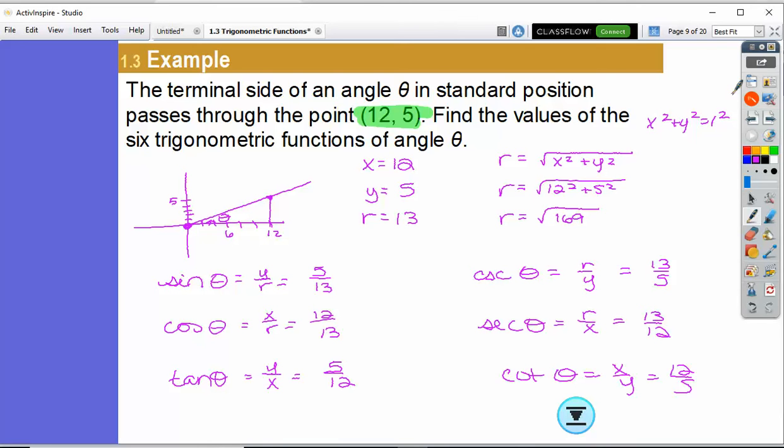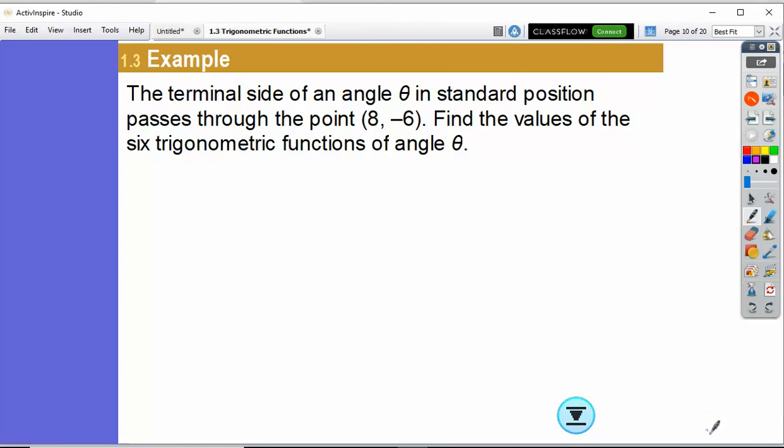So the next one, I want you to work it out on your own, please. All I'm changing is the ordered pair here. My x value is positive 8. My y is negative 6. For r, if you remember the formula, it's the square root of x squared plus y squared.